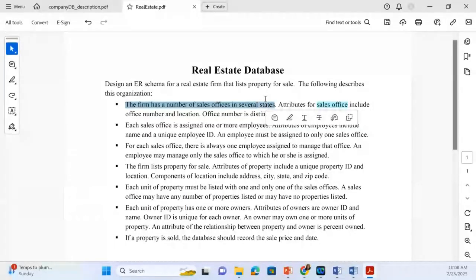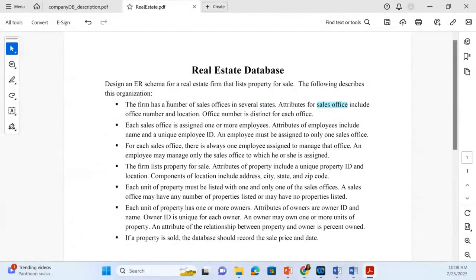I want to emphasize that the form has several sales offices in several states. Since we design this database for a specific real estate form, we don't have an entity type called form. Recall that in our lectures, we designed a database for a company, and we don't have a company entity type. I want you to be aware of that. When we design a database for a specific company or form, we will not have an entity type like form or company.